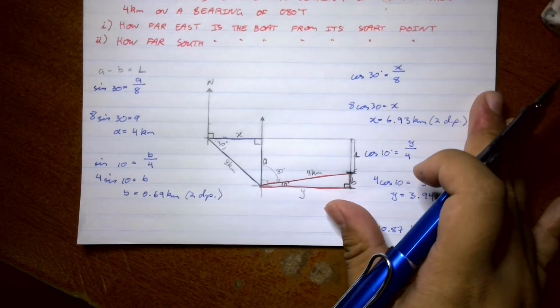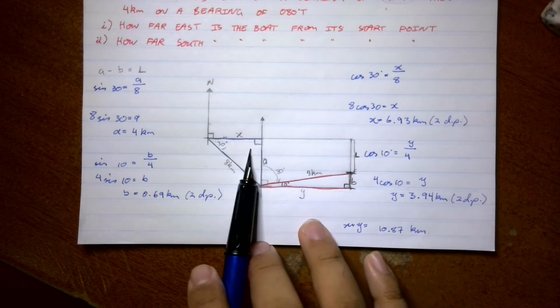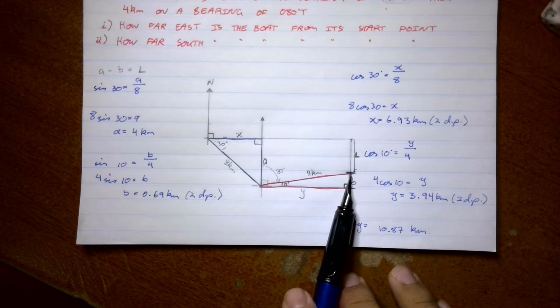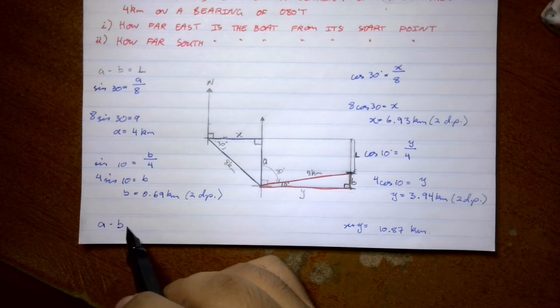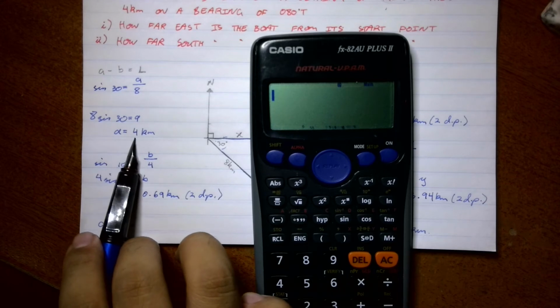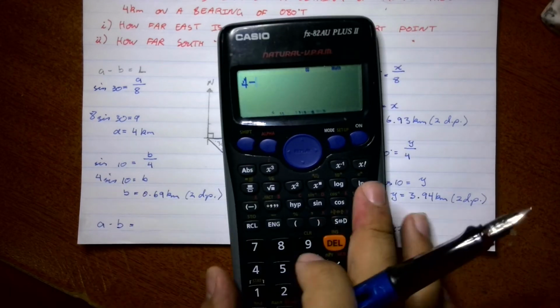And as we saw previously, to get the length L, we need to find A subtracted by B. So A minus B, our final answer will be 4 minus 0.69.